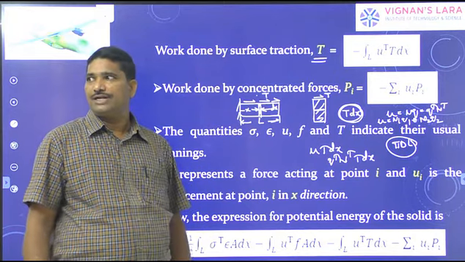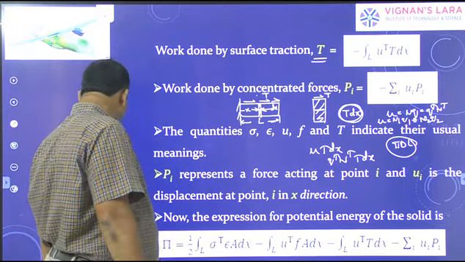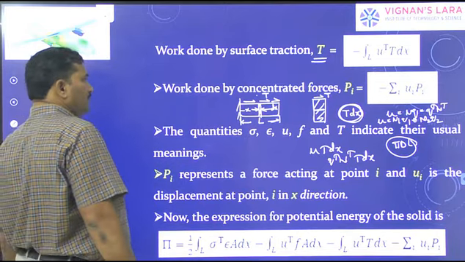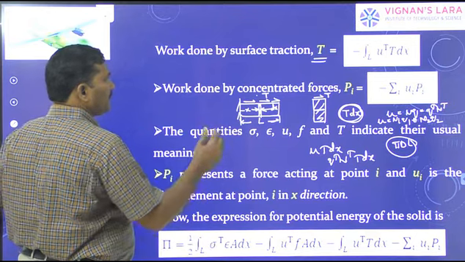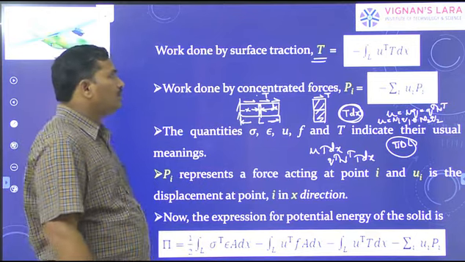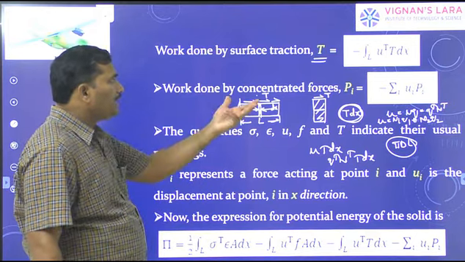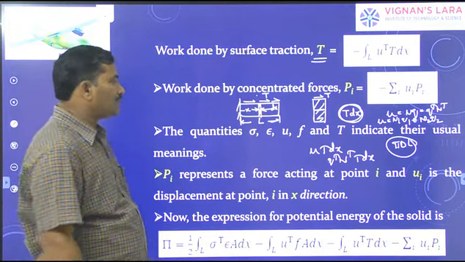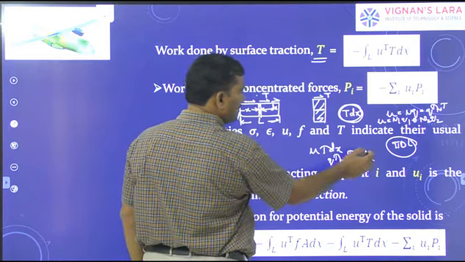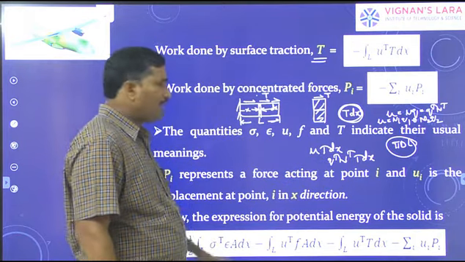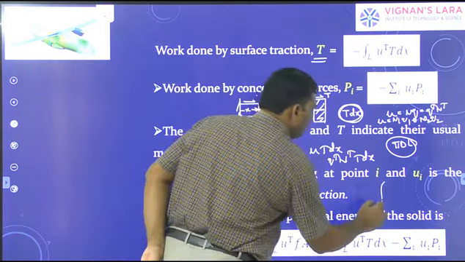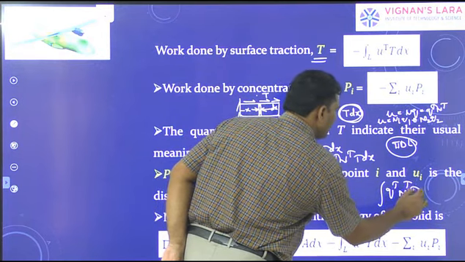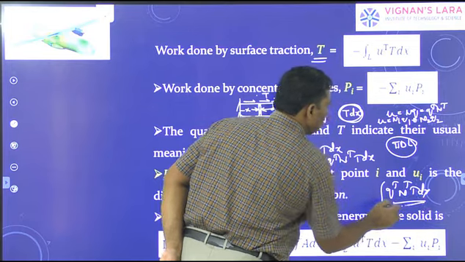So how do you get the expression? Now, integral of u transpose into T into dx. In place of u transpose, you can write q transpose into N transpose, and you get the integral of q transpose N transpose into T into dx. This is how we derive this expression.